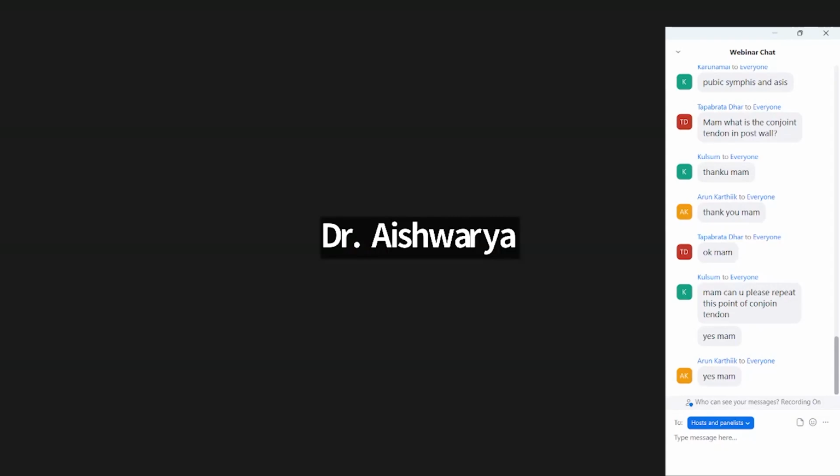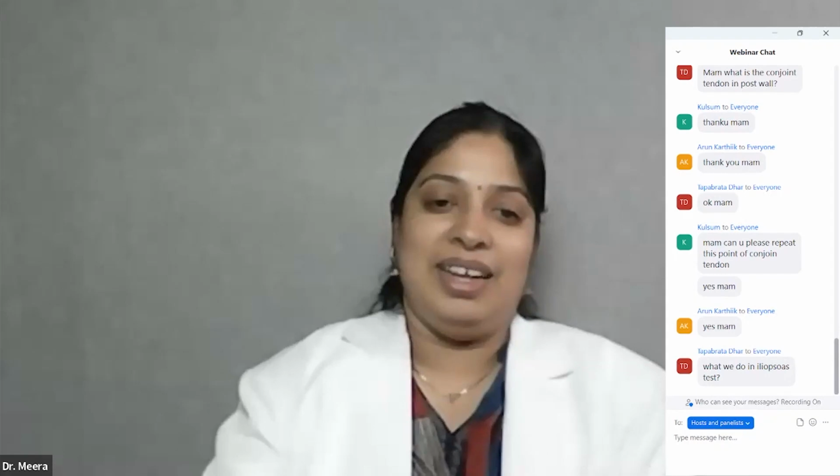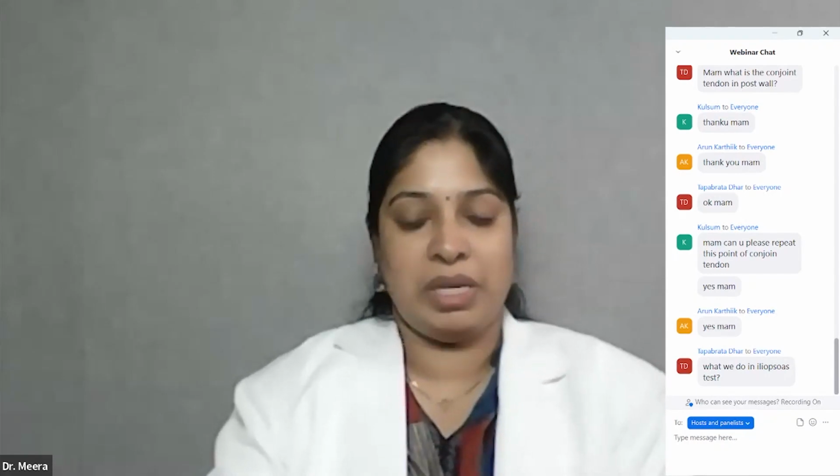Because these are shot on real cadavers, yeah, we have a question. What do we do in the iliopsoas test? Actually, in the iliopsoas test we have to know the action of psoas major. The psoas major and iliacus cause flexion of the hip joint.